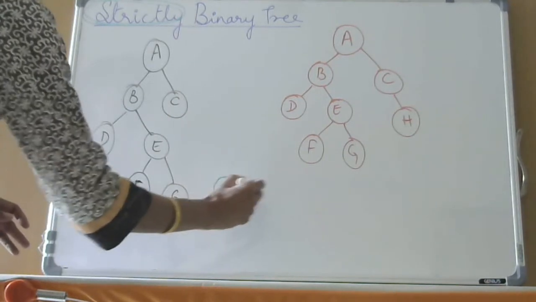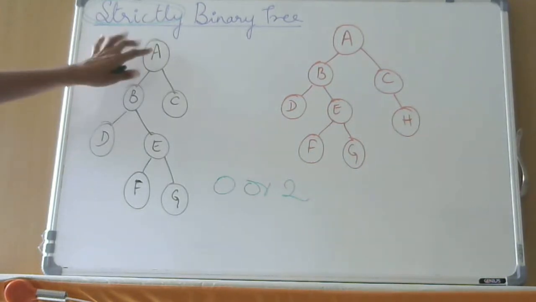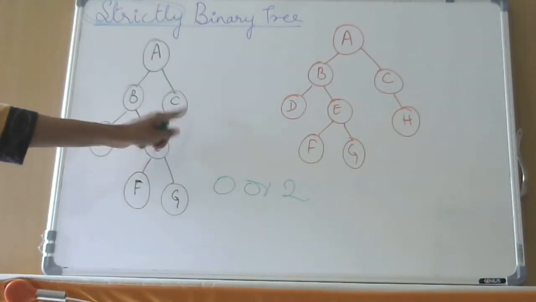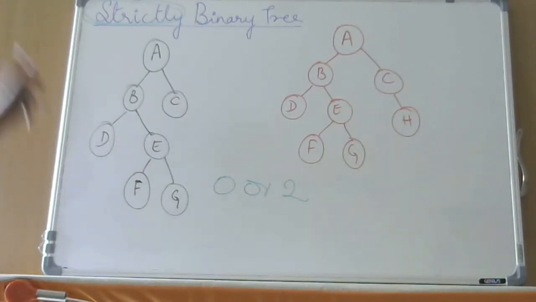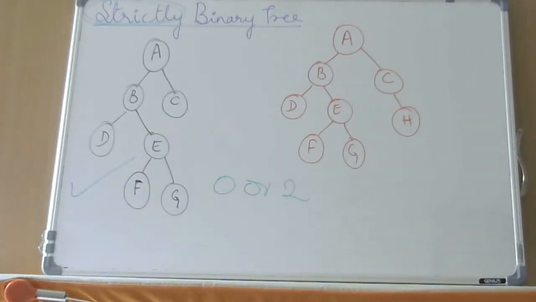What did I say? 0 or 2. A has 2 nodes, B has 2 nodes, C has 0 nodes. That is also fine. E has 2 nodes, F and G, which have 0 nodes, and D has 0 nodes. So this is a strictly binary tree. It is a very good example of a strictly binary tree.